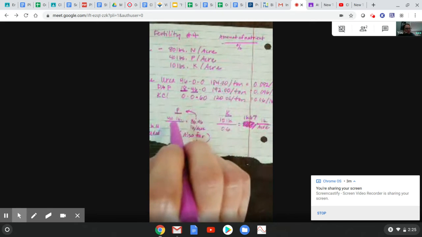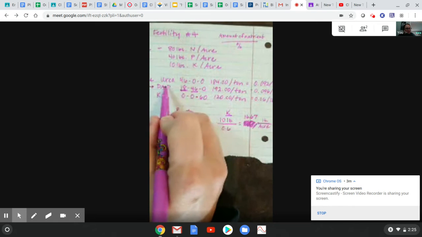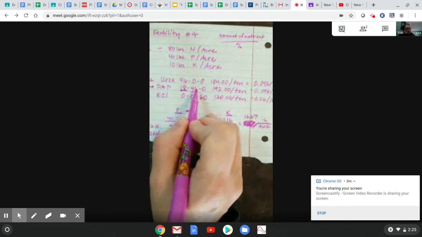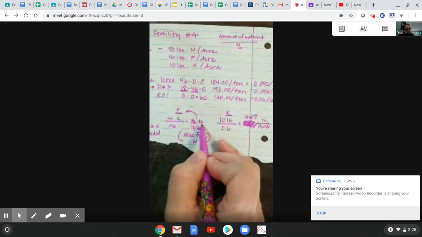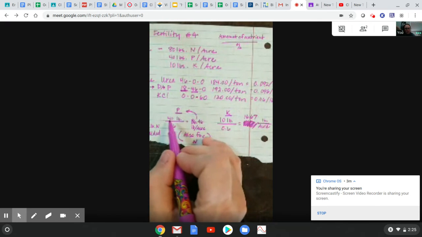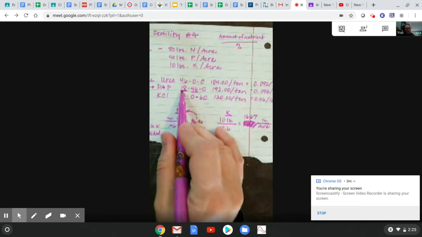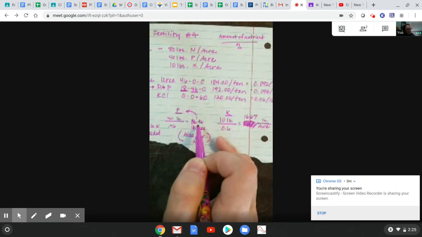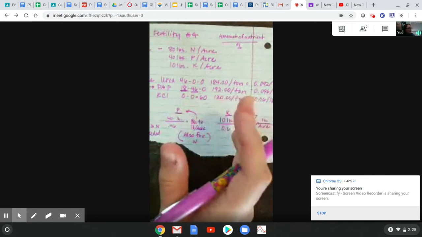Now, here's where it gets kind of tricky, when I do the nitrogen. Because I'm already adding this fertilizer to the mix, I know how much I am adding: 86.96 pounds of it. But that only gives me what I need for the 40 pounds per acre of phosphorus. So I need to calculate how much nitrogen I'm already adding, because I don't want to add too much urea.